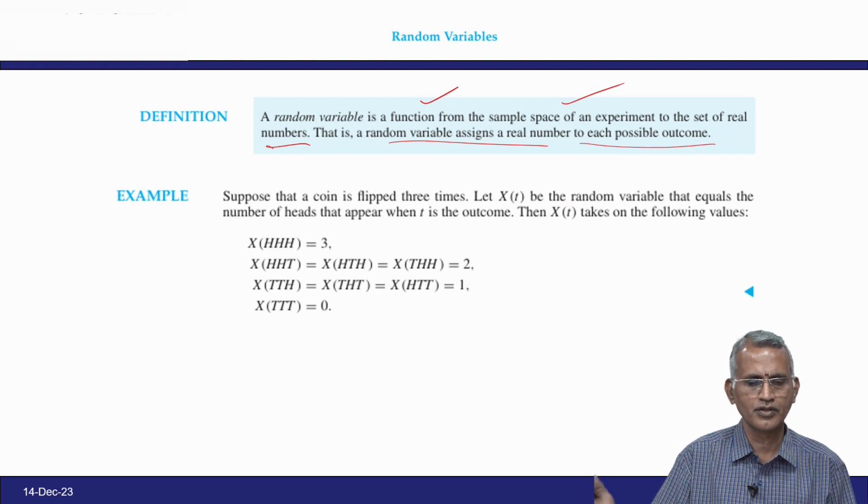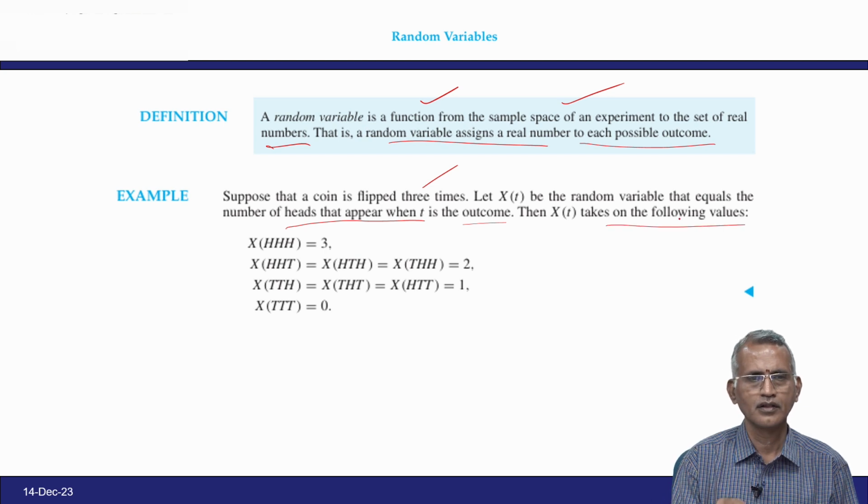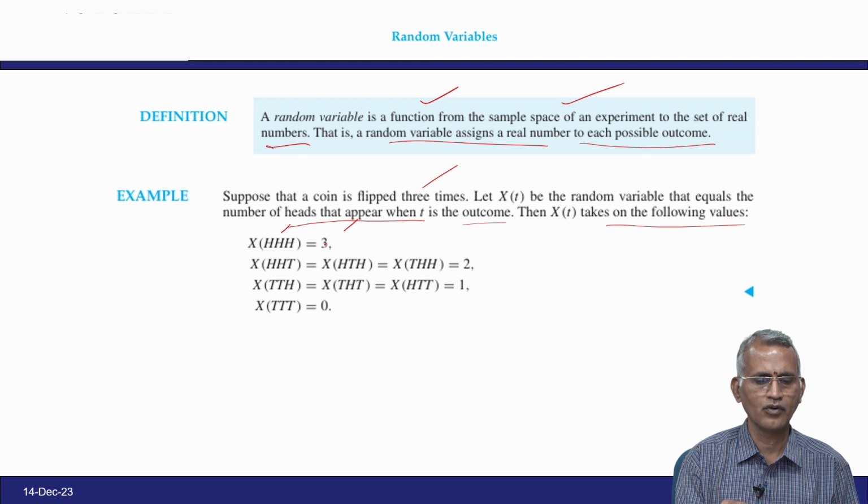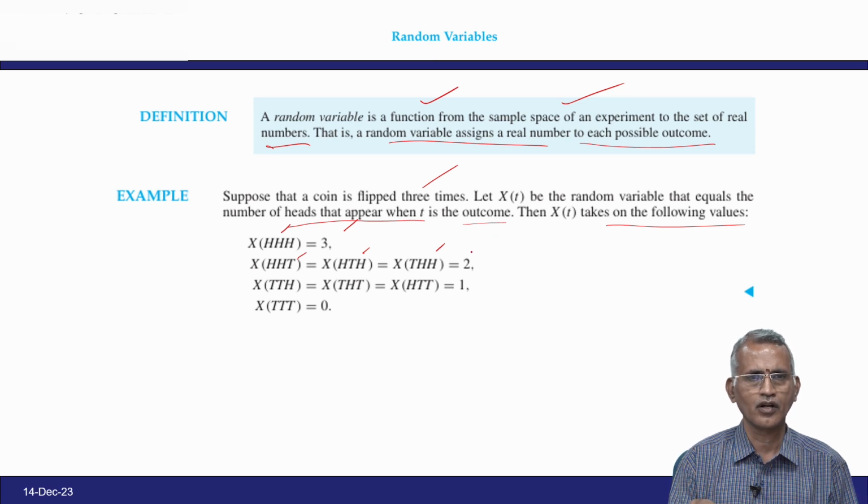For example, suppose that a coin is flipped 3 times. Let X(t) be the random variable that equals the number of heads that appear when t is the outcome. Then X(t) takes on the following values: X(HHH) = 3, and X(HTH), X(HHT) and X(THH) are 2, since the total number of heads is 2.